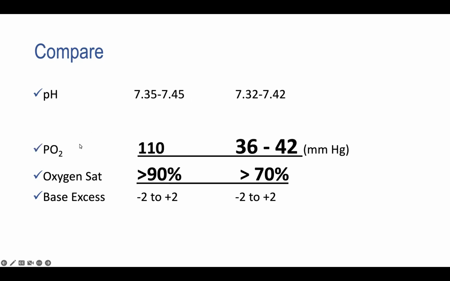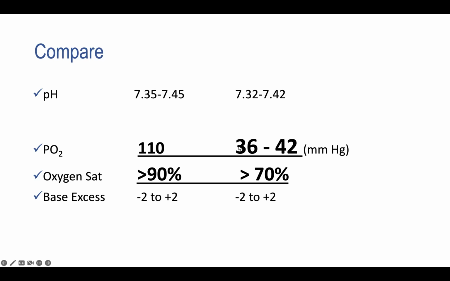And then we look at PO2. PaO2, typically around 110, 100 or so, right? And venous oxygen, because the difference between arterial and venous is what the cells used, venous oxygen typically is much lower. Less than 36 means your patient's in shock. That's one thing you have to know. Less than 36, your patient's in shock.